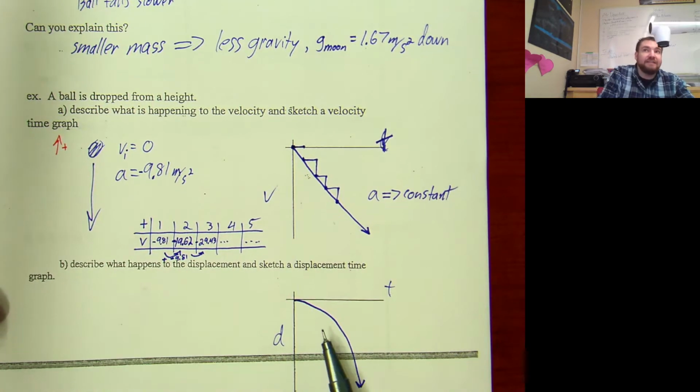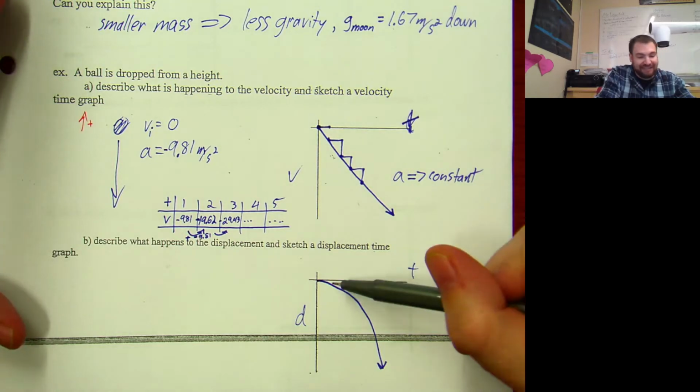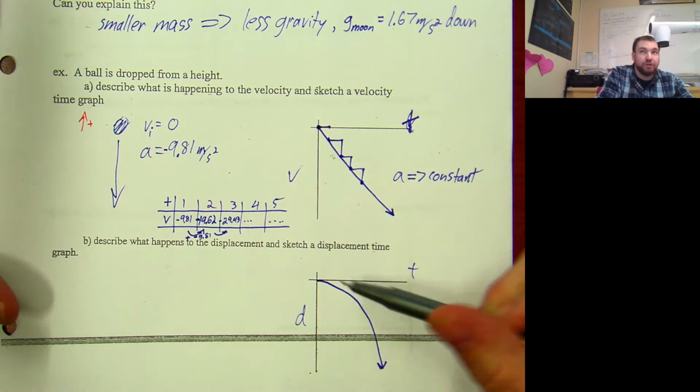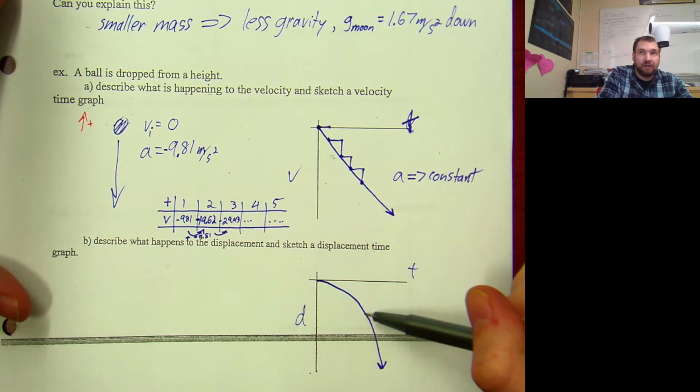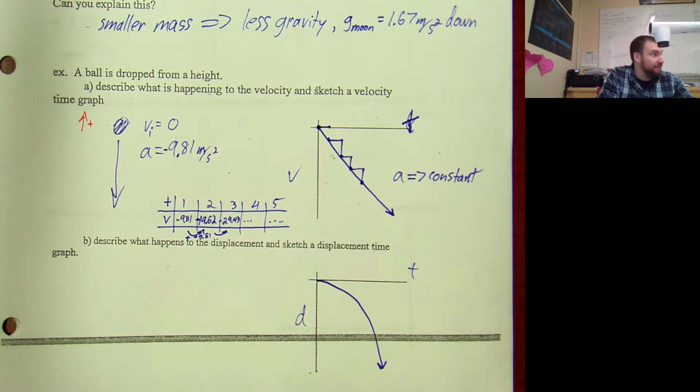Because the velocity is increasing, the rate at which you're falling is increasing, which means it's going to take less time to fall farther. So you're going to get this kind of dramatic curve downwards. You maybe didn't recognize it yesterday when you were graphing these things, but it's a parabola.